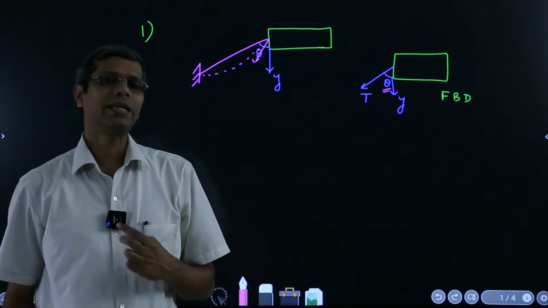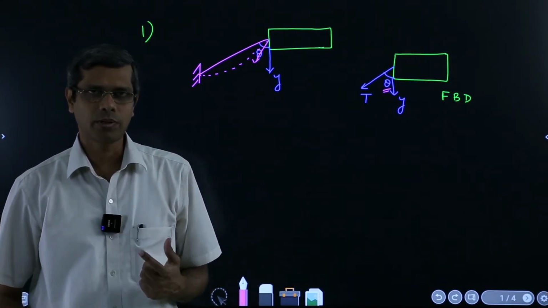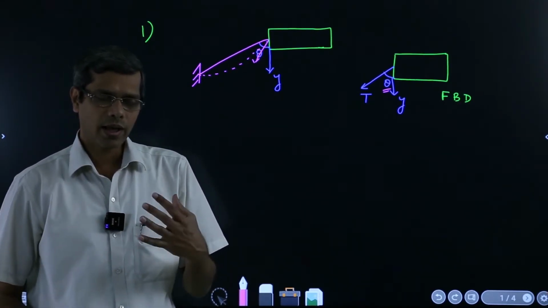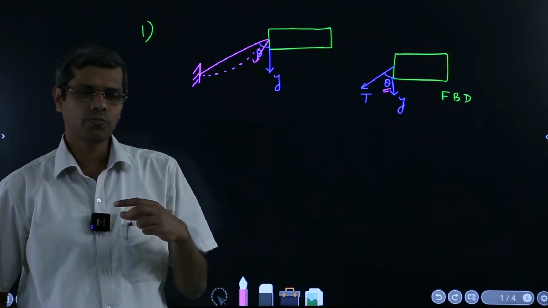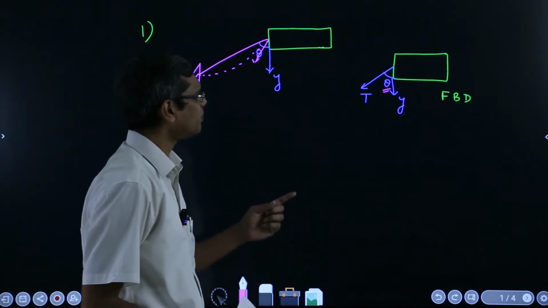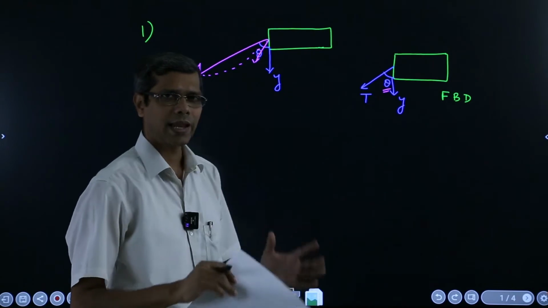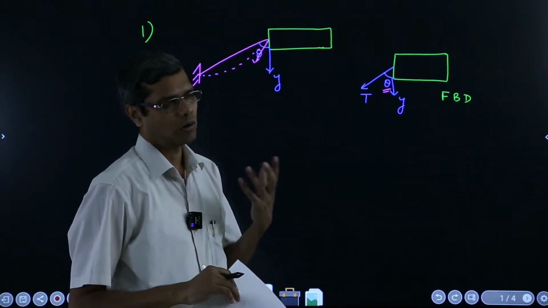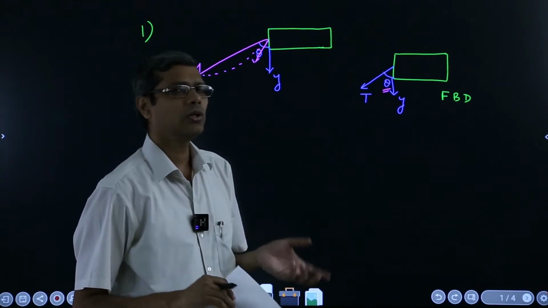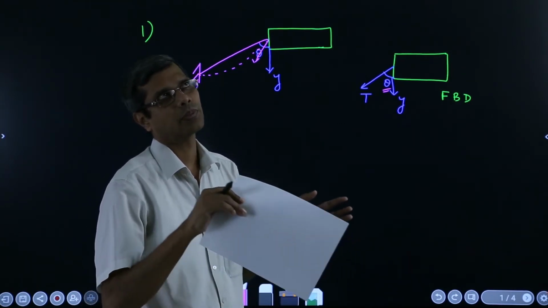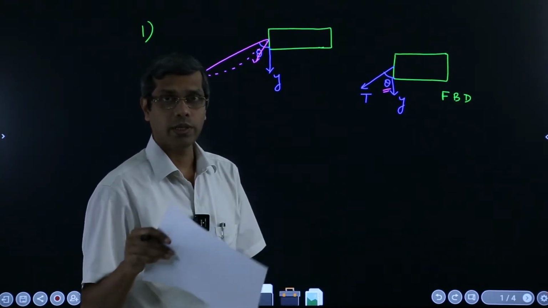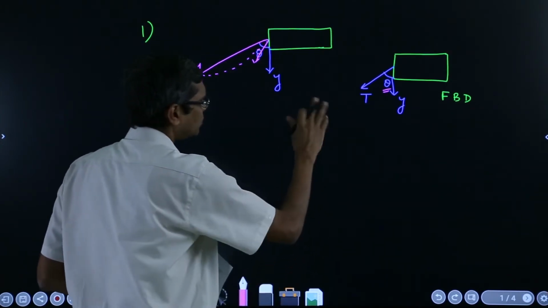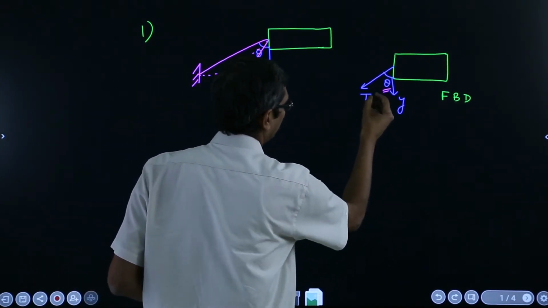So you have to be very careful while reading a problem to ascertain whether you know both direction and magnitude, you know only magnitude and do not know direction, or you do not know the magnitude but know the direction. Okay. So these are the things which are very important.